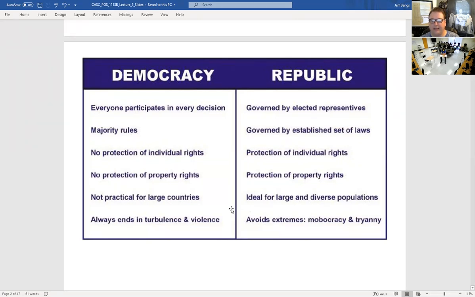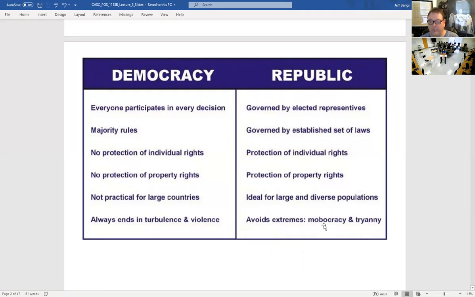A republic is more ideal for a larger population that is made up of more diversity, which is the United States of America: different ethnic groups, different social classes. The goal of a republic is to avoid extremes.